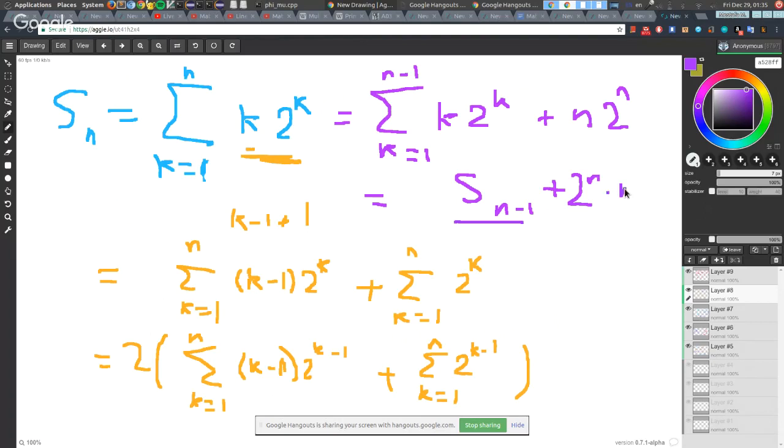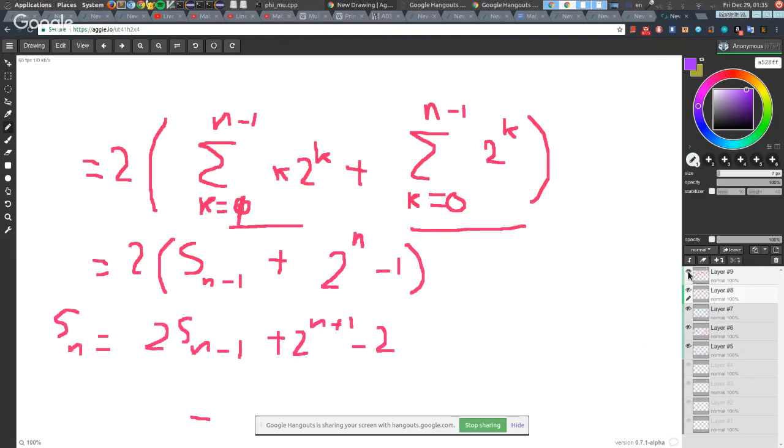So if we got here times 2 times n, so Sn minus 1 is equal to Sn minus n times 2 to the power n, 2n plus 1 minus 2. Then I expand this expression.